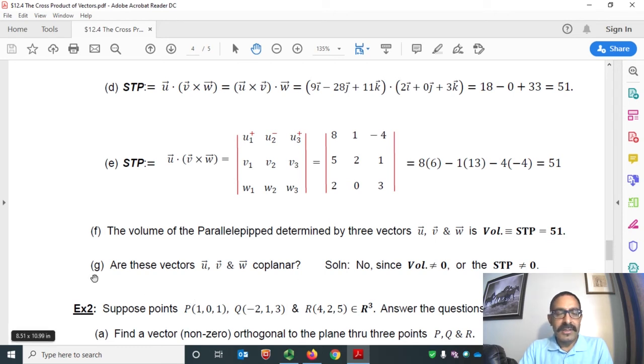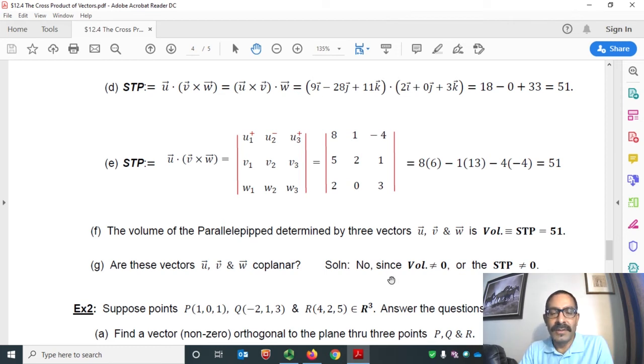Question G, are these vectors u, v and w coplanar? If these vectors are coplanar, then their scalar triple product will be 0, or the volume of the parallelepiped determined by these three vectors will be 0, but part F is not 0, so these three vectors are not coplanar. I hope this makes sense to you all.